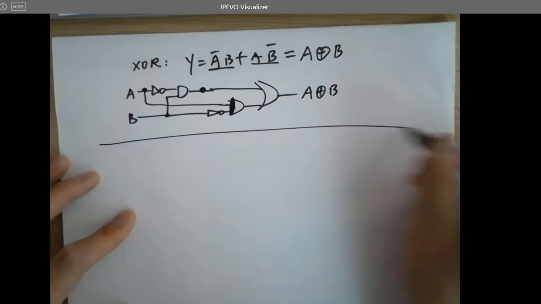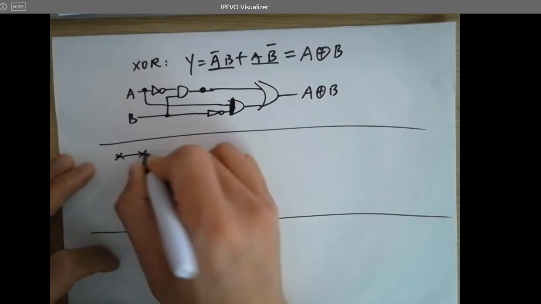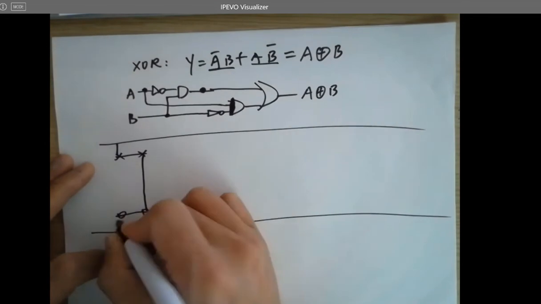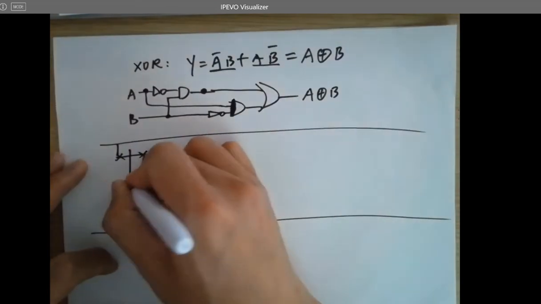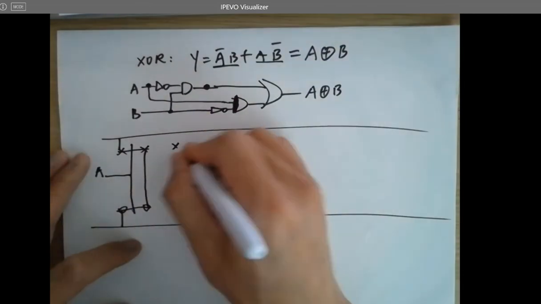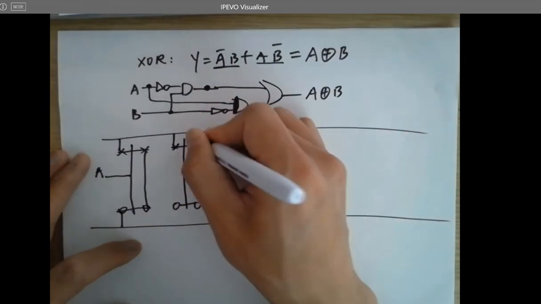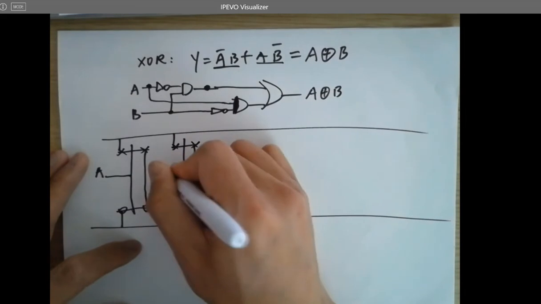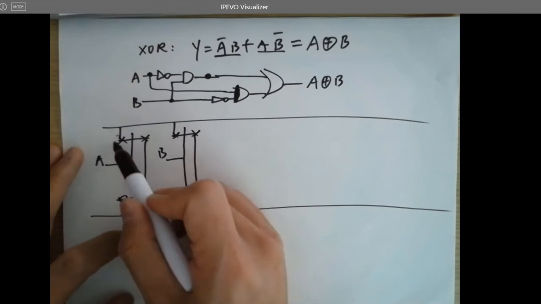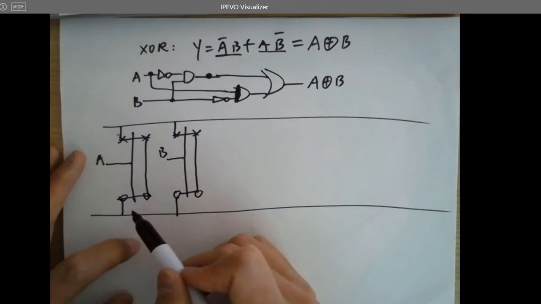So if you do the layout, PMOS on the top, NMOS at the bottom, stick diagram, introduce a VDD, that's A inverted, and same for B. So this represents a PMOS, and this is NMOS in a stick diagram, just to simplify the layout.